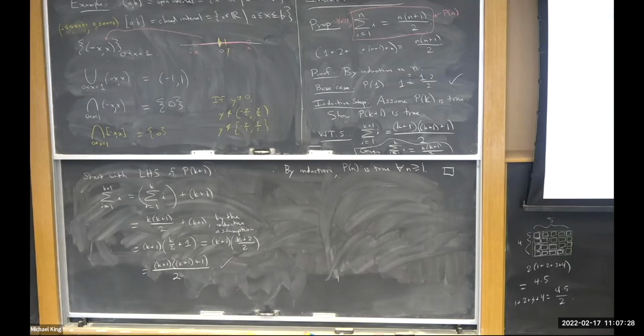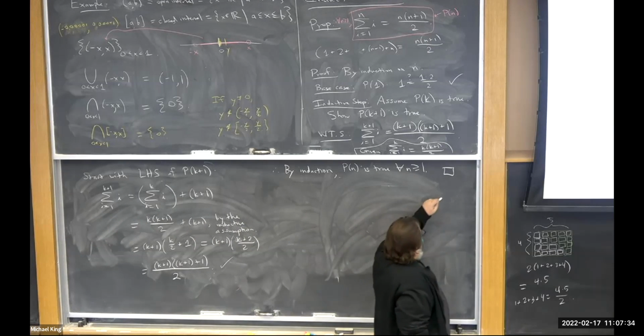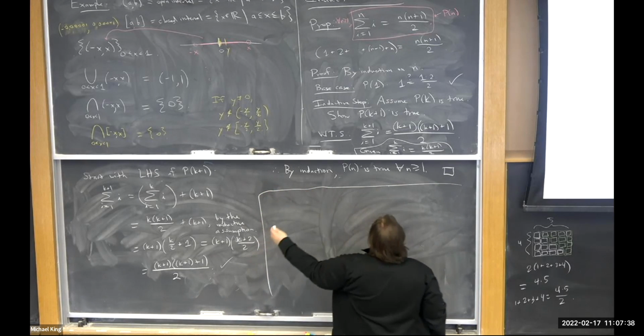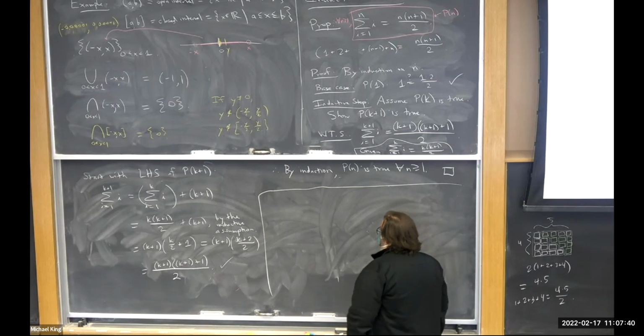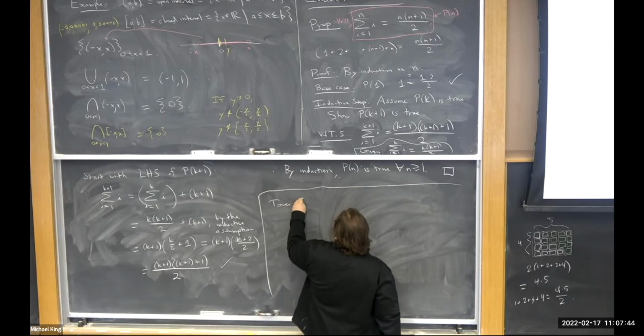Okay, let's actually do the Tower of Hanoi, just how we would write it down, because I think this is instructive. You're going to use a little more English. This is still mostly equations. Tower of Hanoi.